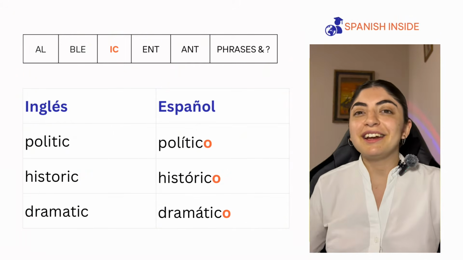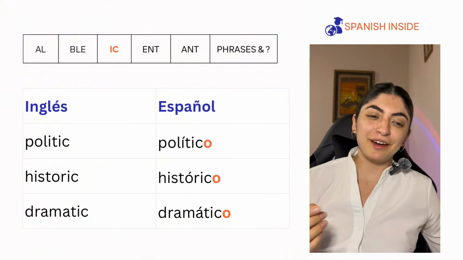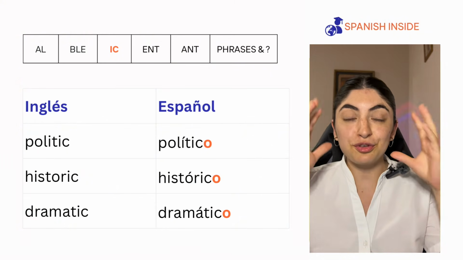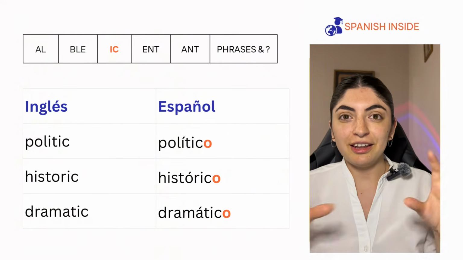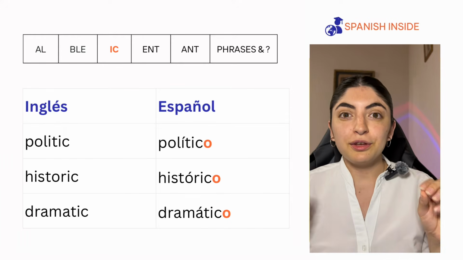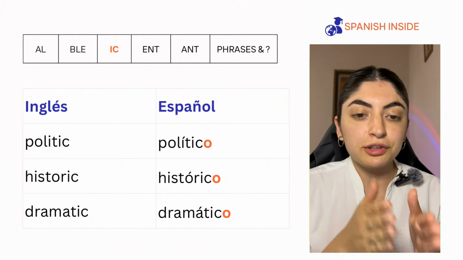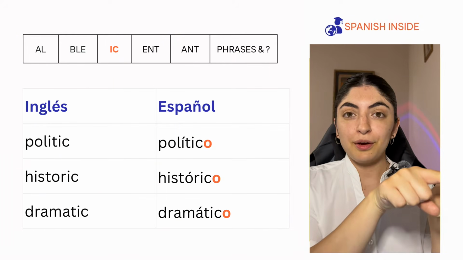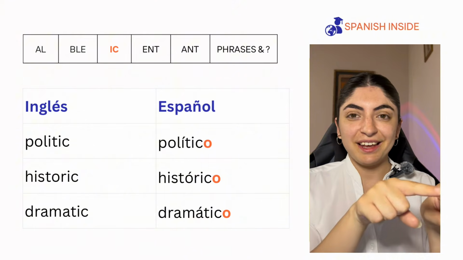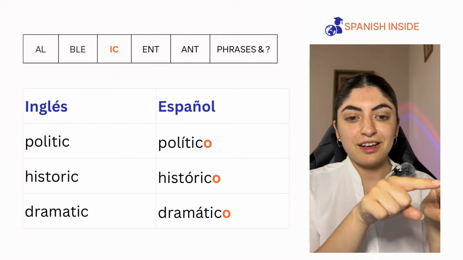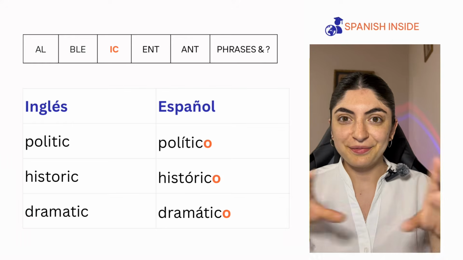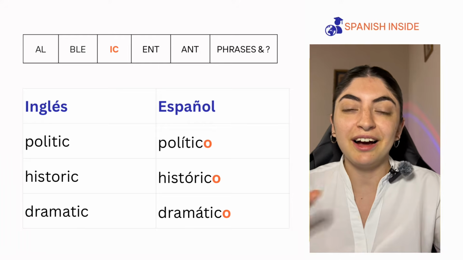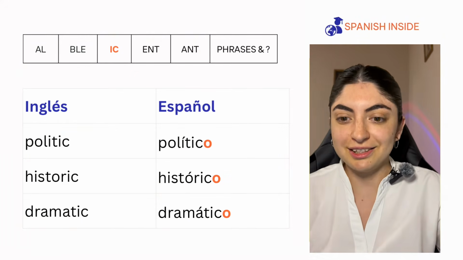Now, something that I came up with during the class with my students is that if you draw a line in the air, like if you were a conductor, you will understand where to put the accent of these words. For example, político, histórico, dramático. Have that into account every time you see a Spanish word with an accent.